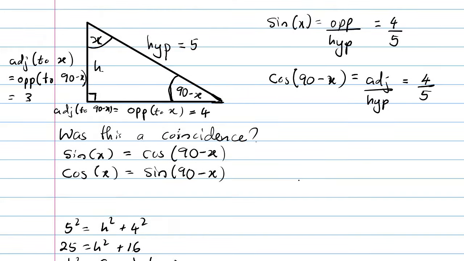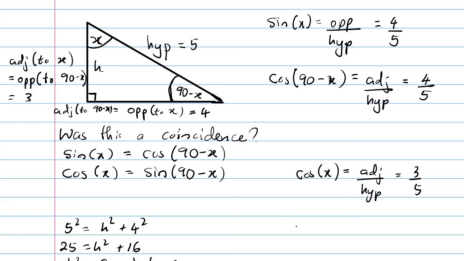And then you can do the same trick as we did earlier. Cosine of x would be adjacent over hypotenuse, and the adjacent to x, as you can see, is 3, so it's 3 over 5. The hypotenuse is 5 anyway.